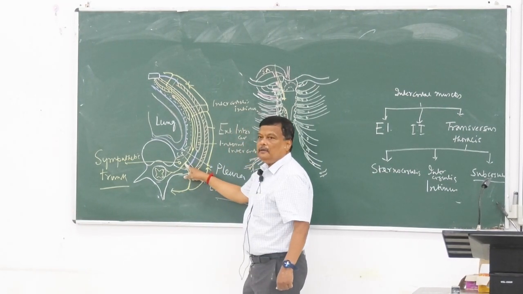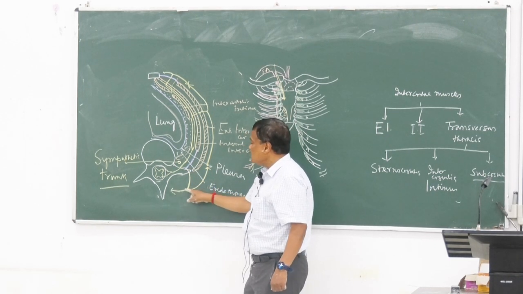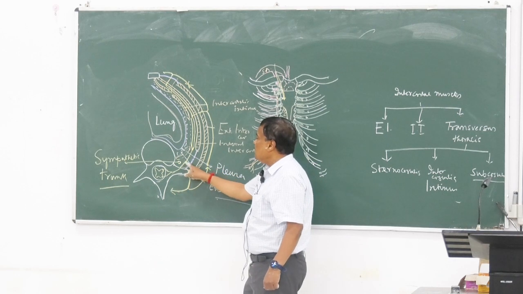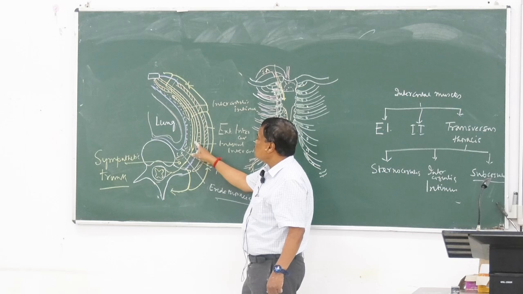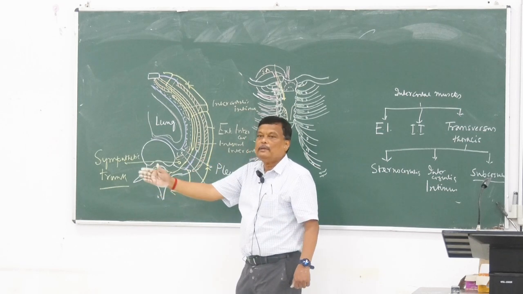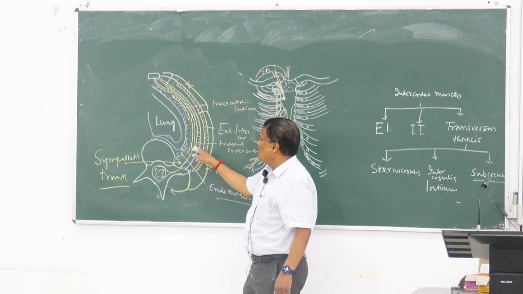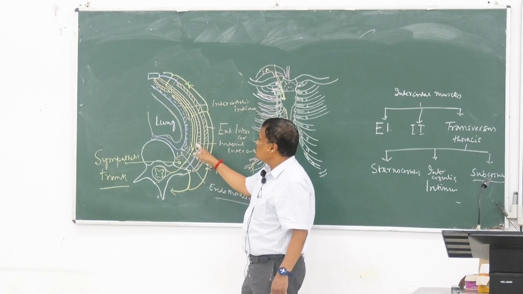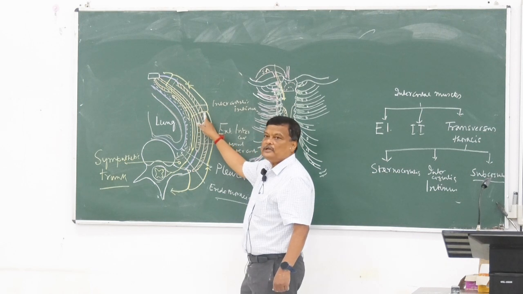It is the ventral rami, it is the dorsal rami. Dorsal rami divides into a medial branch and a lateral branch. The ventral rami is called the intercostal nerve. The intercostal nerve goes and at the angle it gives a collateral branch which passes along the lower aspect of the intercostal space, and the main nerve goes anteriorly and it gives the lateral cutaneous branch.